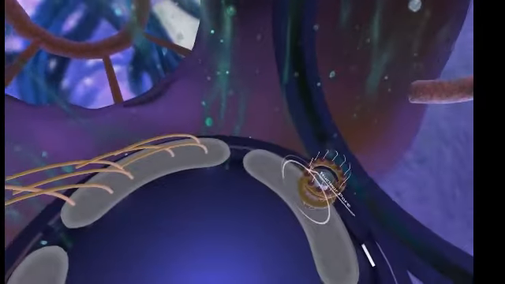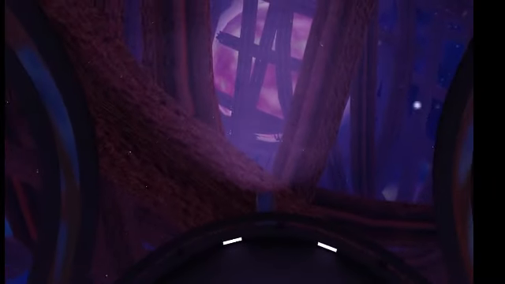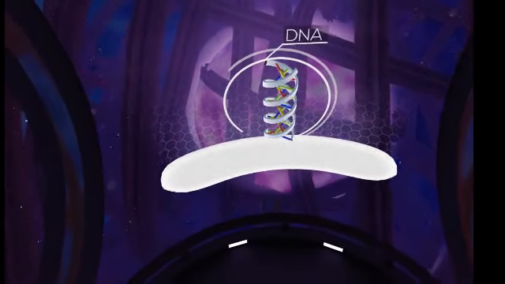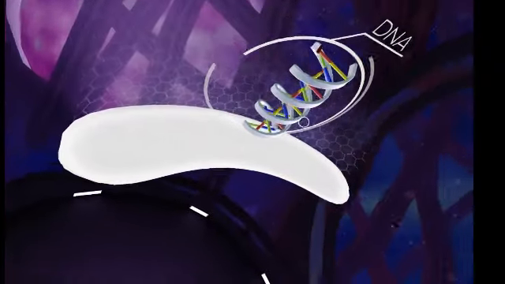Let's head inside. Here we are inside the nucleus, the control center of the cell, containing the majority of the cell's DNA. DNA, or deoxyribonucleic acid, is a molecule that carries our genetic code.